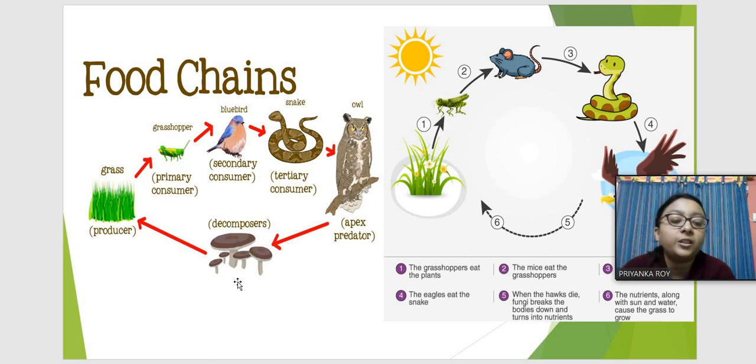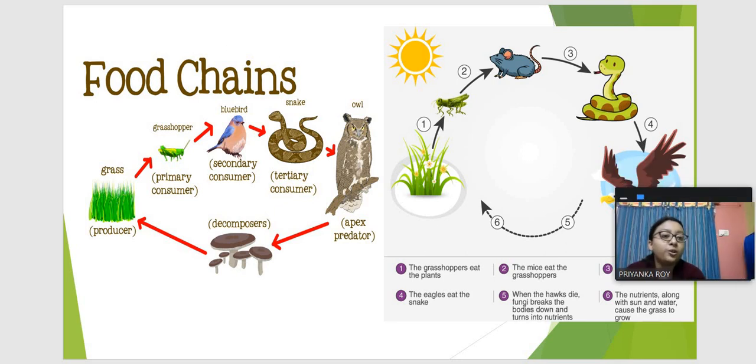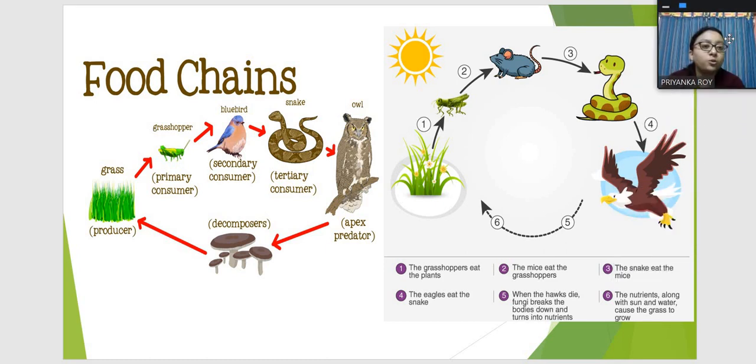nutrients are converted, are given back to the soil. From the soil, the plants then draw the same nutrients. So this is like a cycle. And same goes for this kind of food chain also, where you can see that the grasshoppers eat the green plants, then the rats, the mice, they eat the grasshoppers, then the snake eats the mice, then the eagles eat the snake.